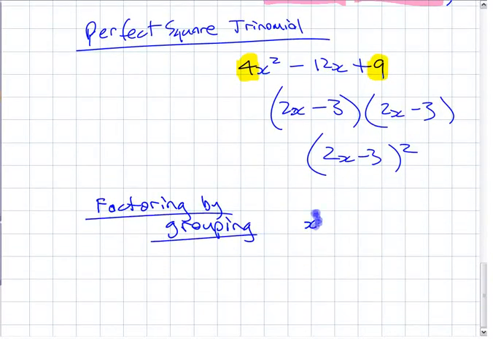This is when you have something like x to the third minus 4x squared plus, gotta try and do this off the top of my head here, plus 3x, or minus 3x, plus 12.